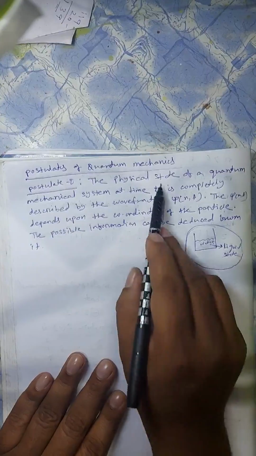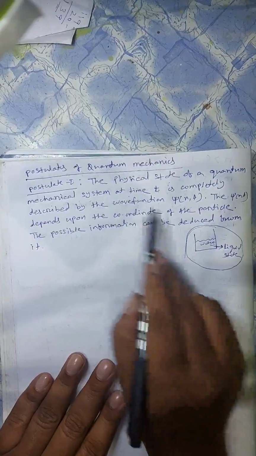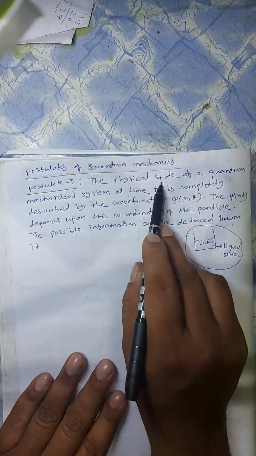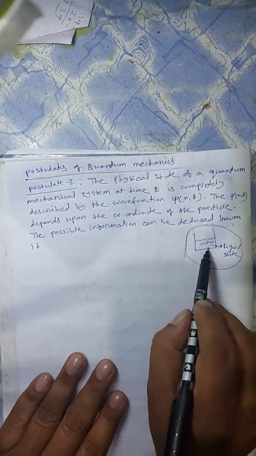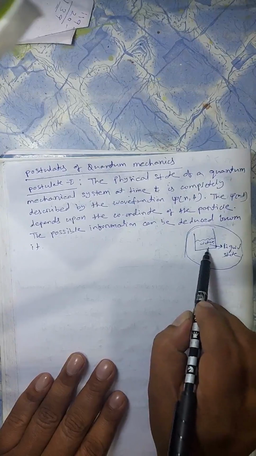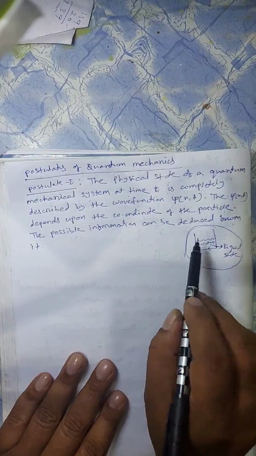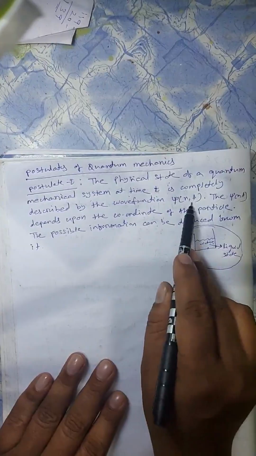So it tells that the physical state of a quantum mechanical system, any quantum mechanical system, the physical state of the solid or liquid at time t, any time t we consider, morning 12 noon or 11 a.m. and the night 11 p.m., whatever may be time, is completely described by the wave function psi(x,t).